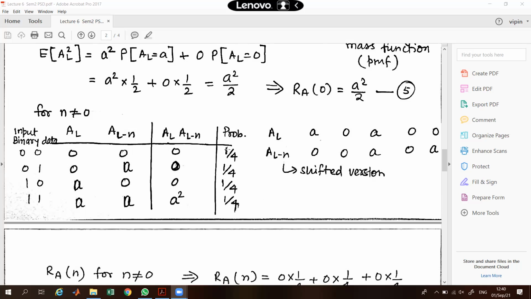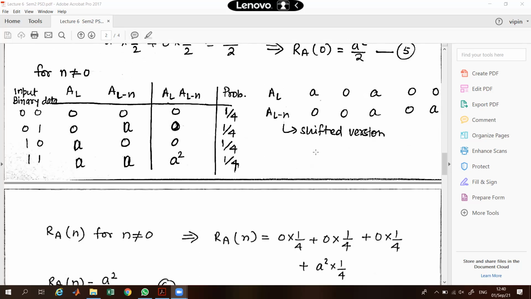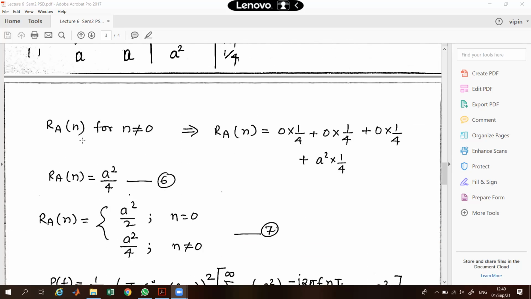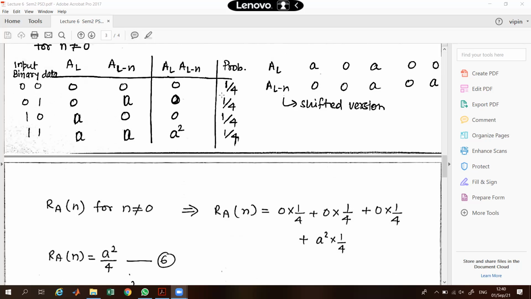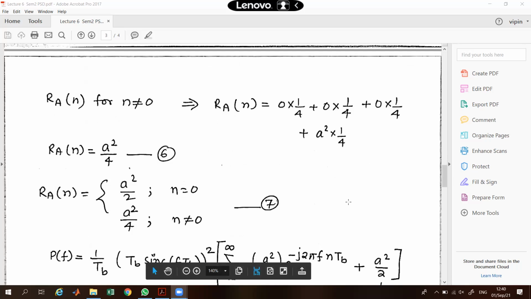So the favorable events are 1 and total events are 4, so the probability is 1 divided by 4. Now R_A(n) for n not equal to 0 will be 0 into 1 by 4 plus 0 into 1 by 4 plus 0 into 1 by 4 plus A square into 1 by 4. So R_A(n) equals A square divided by 4.